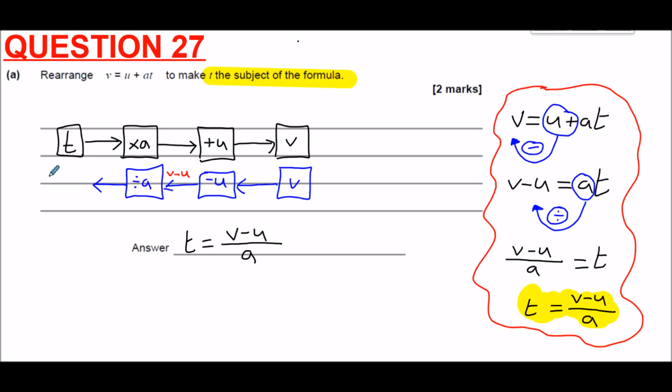And the final step is we're doing v minus u, all of that divided by a. And so now, because t is in line with what it's equal to, we can say that t equals v minus u divided by a. And that, again, is our final answer. We need to write it t equals whatever. In this case, t equals v minus u divided by a.